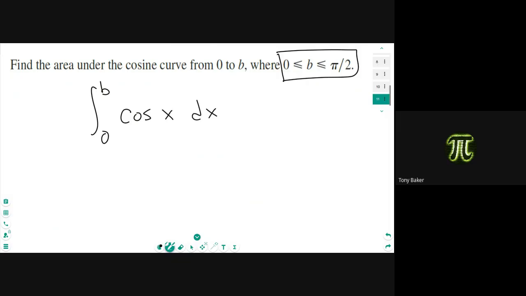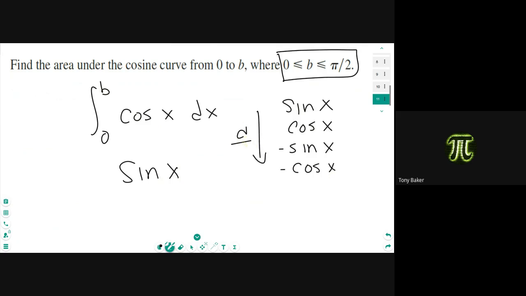So it's the integral of cosine of x. That's the derivative. It's sine. Remember, sine, cosine, negative sine, negative cosine.